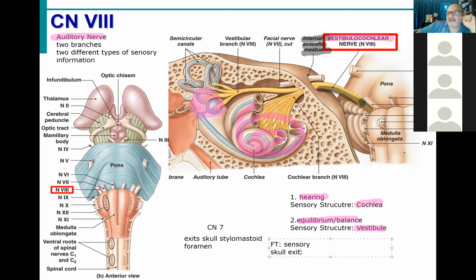But notice, unlike every other cranial nerve, it's not going out the bone to go somewhere else. It stays inside the bone. But you are right. It does leave the cranial cavity. And so we use that exit from the cranial cavity as its skull exit. And of course, as we already talked about, that is the internal auditory meatus.